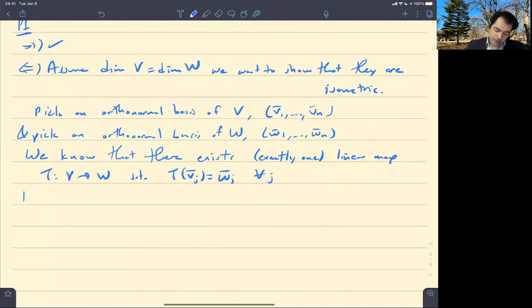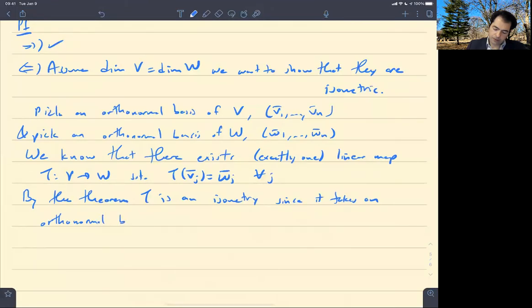Now, by the theorem, T is an isometry, since it takes an orthonormal basis of V to an orthonormal basis of W.